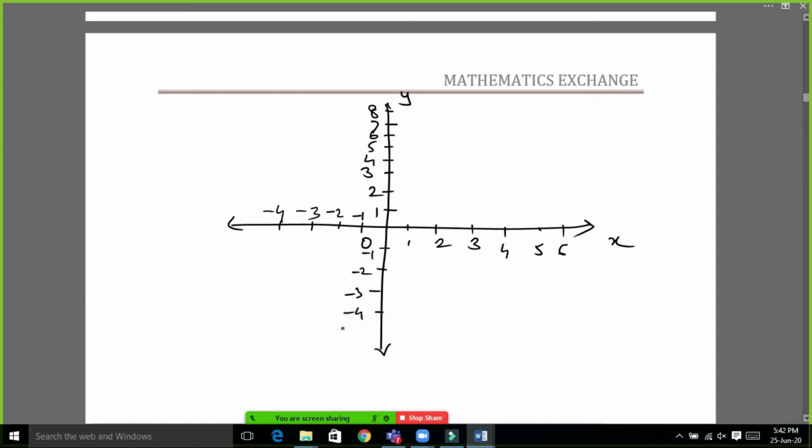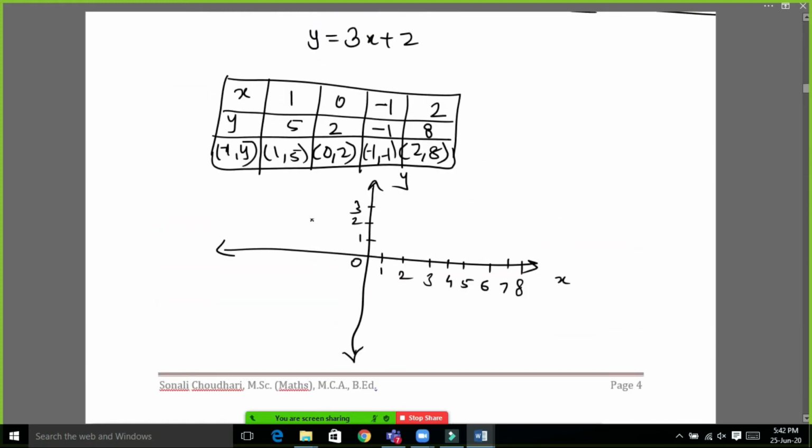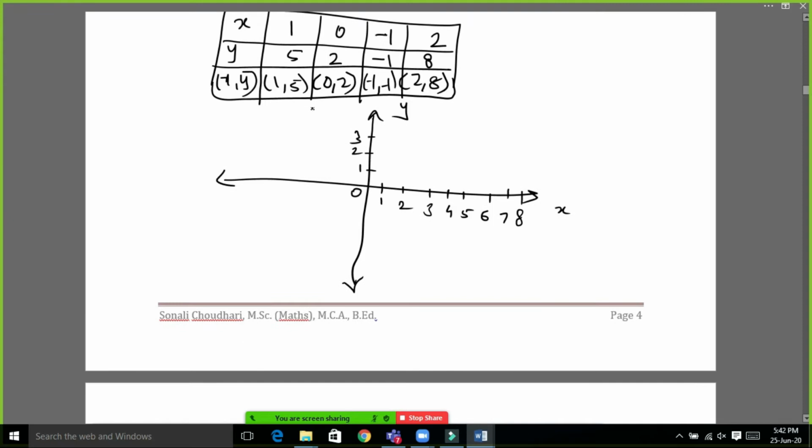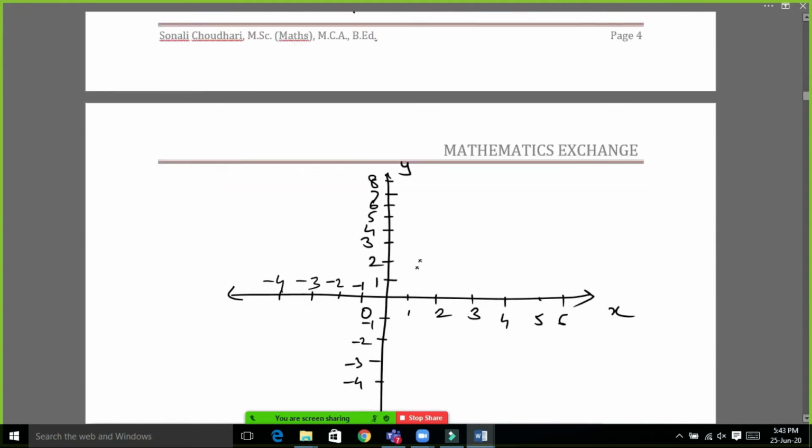Now we plot the points. So the first point is 1, 5. So we plot 1, 5. This is the point 1, 5. Second is 0, 2. It lies on the y-axis because its x coordinate is 0.